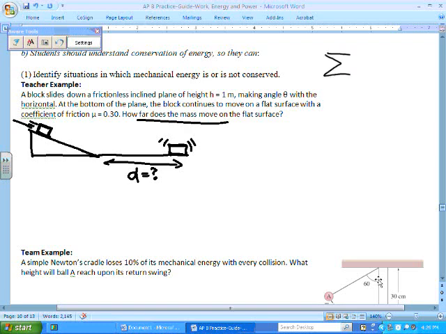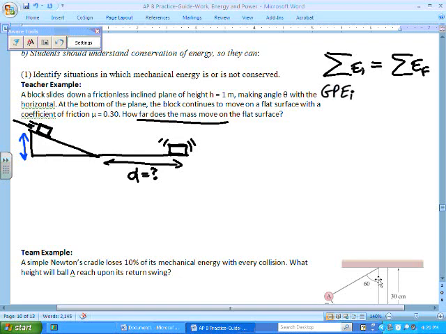So let's go to the law. Energy initial, total, has to equal total energy final. Now in the beginning, because we did have some height, that means we must have had some gravitational potential energy.